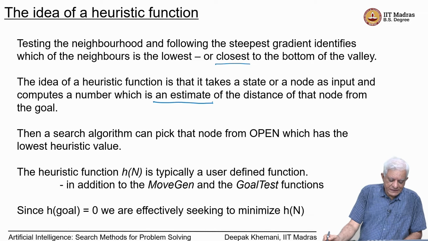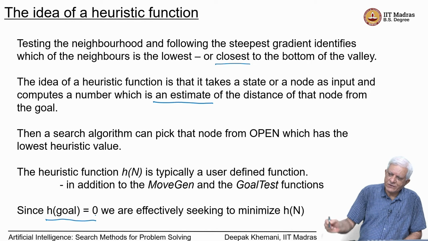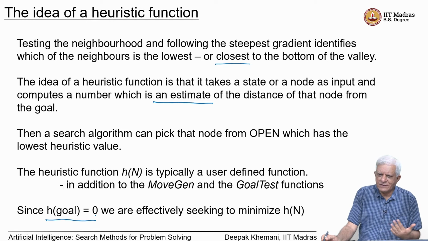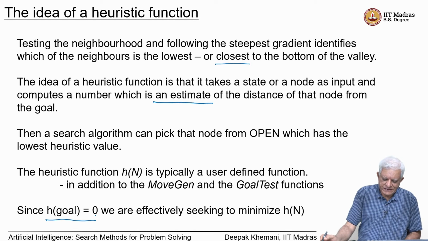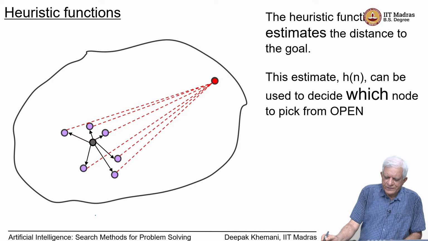Now, since the heuristic value of the goal is going to be 0, we can say that effectively we are trying to minimize the heuristic value. So, you can see some analogy between a ball rolling down a hill and a search algorithm following the gradient towards the lowest point in that surface. So, the heuristic function estimates the distance to the goal.